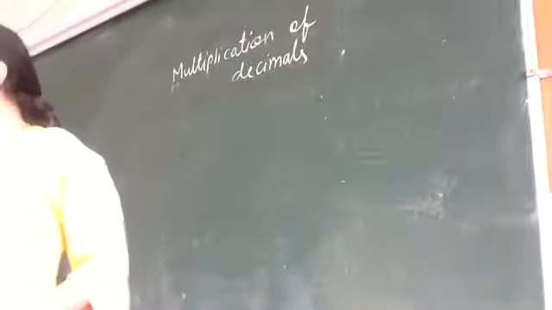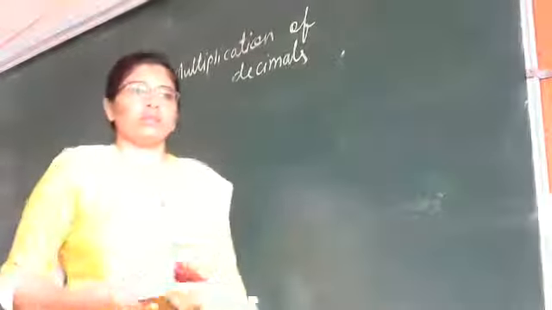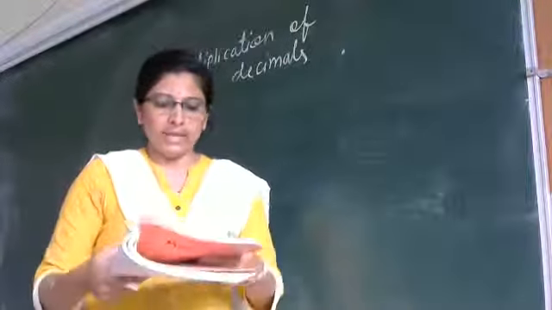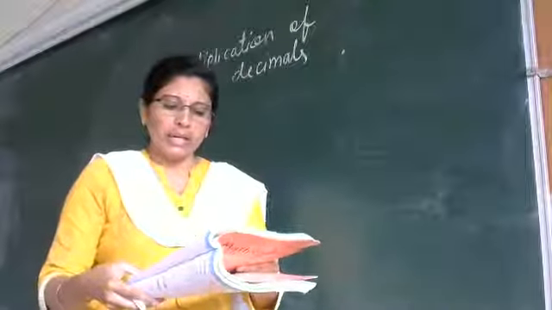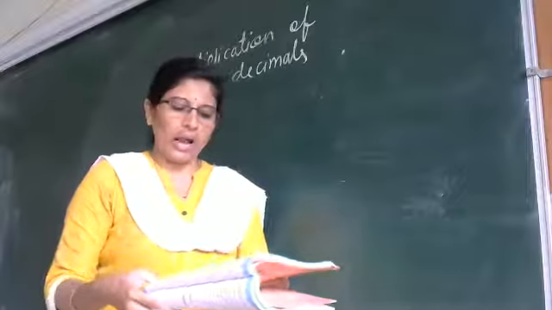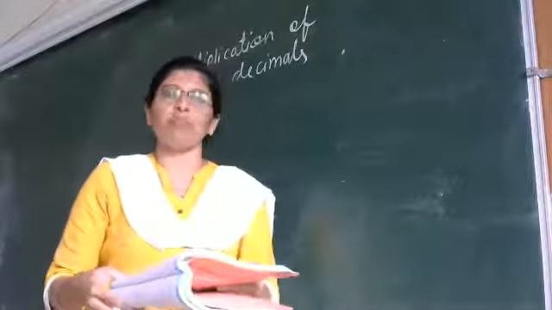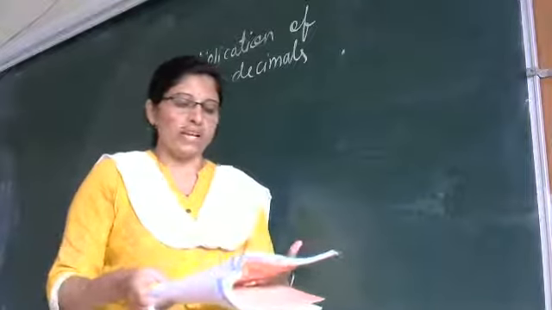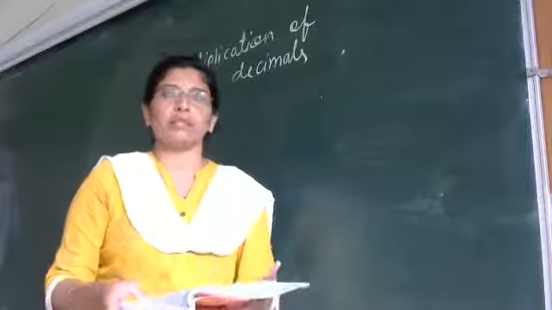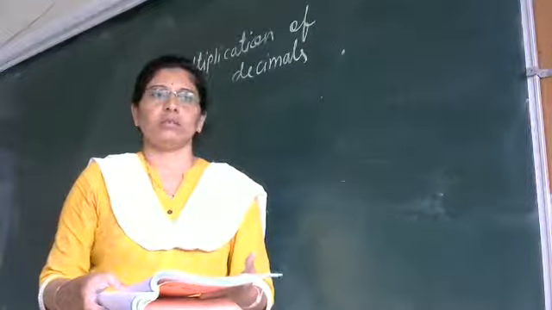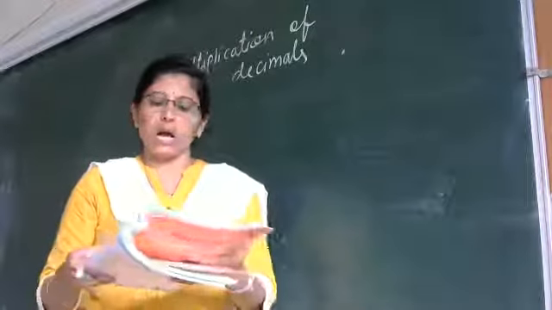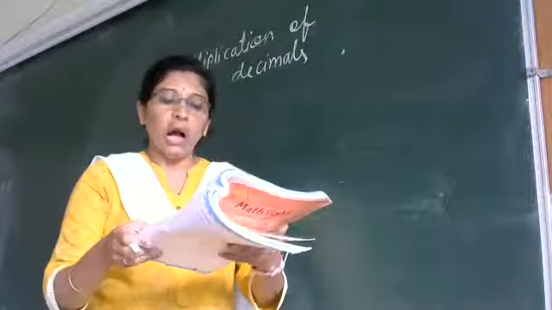Now you can open page number 96. There you have word sums based on this multiplication. See the first one. If Yash drives his car at an average speed of 60.2 miles per hour, what distance will Yash drive in 1.5 hours?